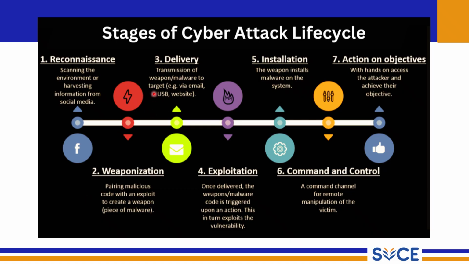In delivery, the weapon or malware is transmitted to a target, for example via email, USB, or a website. In exploitation, once delivered, the weapon's code is triggered upon an action, which in turn exploits the vulnerability. In installation, the weapon installs malware on the system. The sixth one is command and control, a command channel for remote manipulation of the victim. And the last one, with hands-on access, the attacker will achieve their objective.